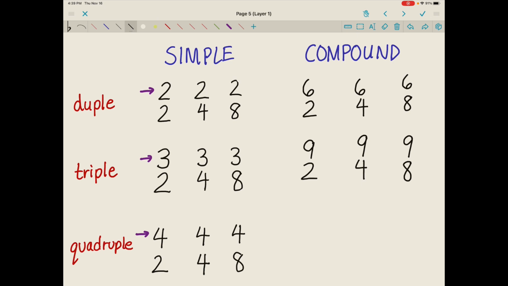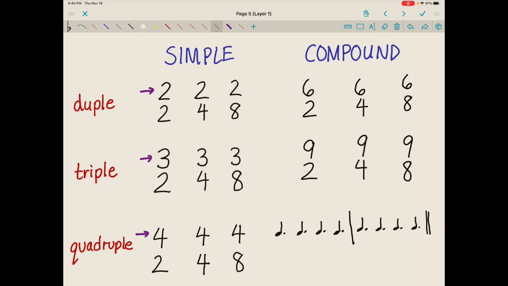Recall that big beat in compound meter will always need to be represented by a dotted note value. So we'll draw 1, 2, 3, 4 dotted quarter notes, bar line. That's the end of our first measure in compound quadruple meter. And then I'll repeat that for a second measure.